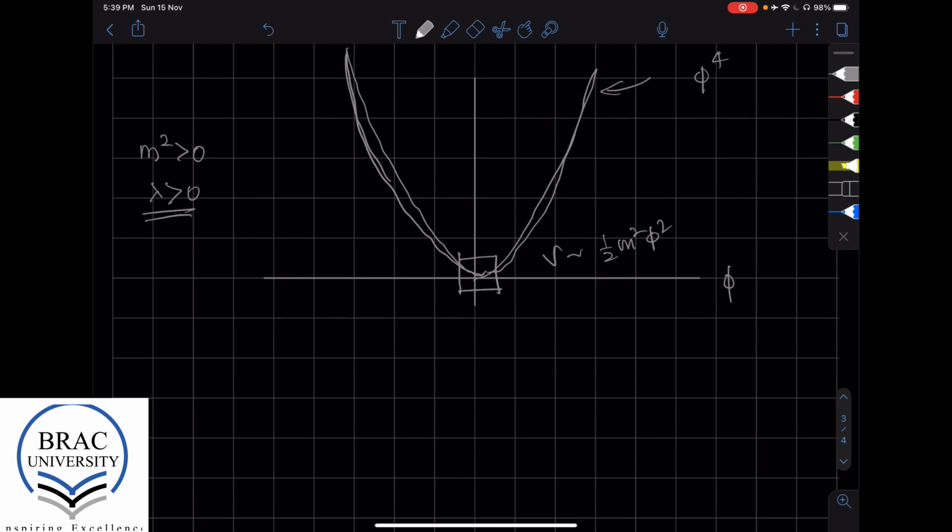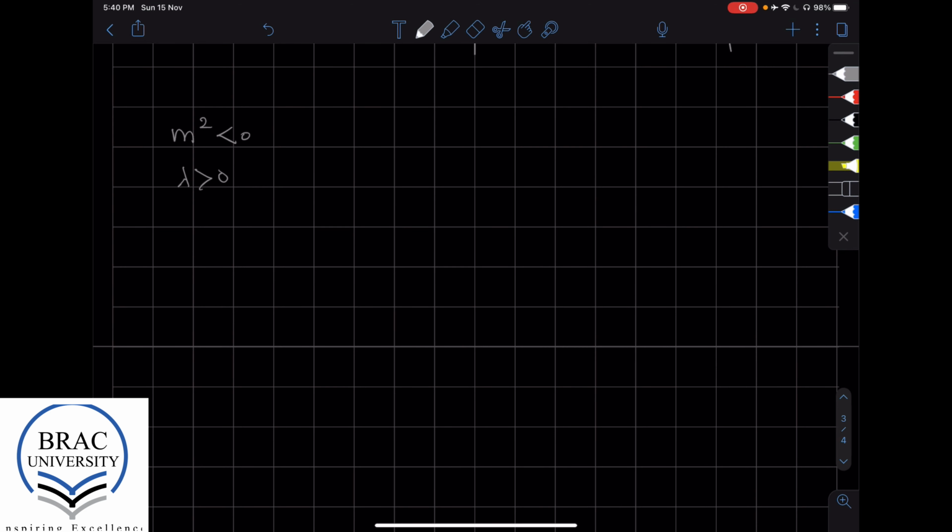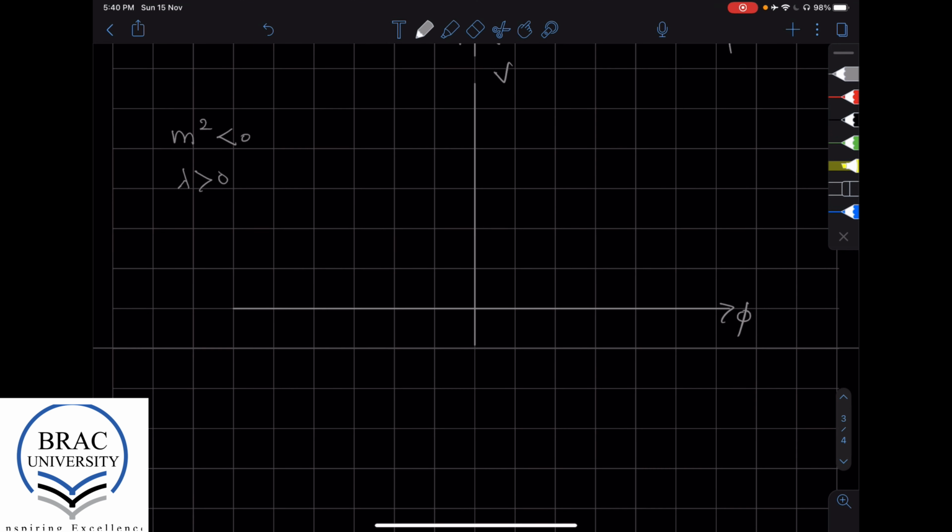However, it is possible to write down quantum field theories where the mass squared term is negative. But as long as lambda is positive, such a quantum field theory also makes sense, but the form of the potential would be of a very different form. When phi is small, of course, this is the term that will dominate.